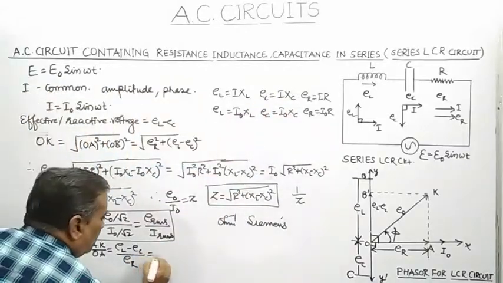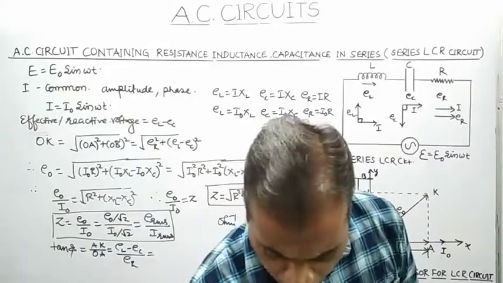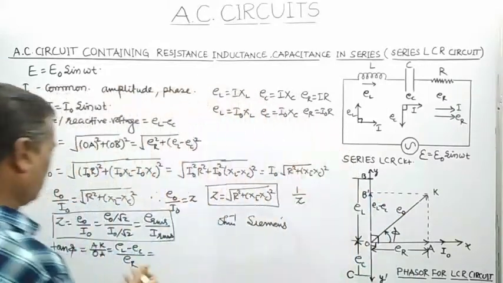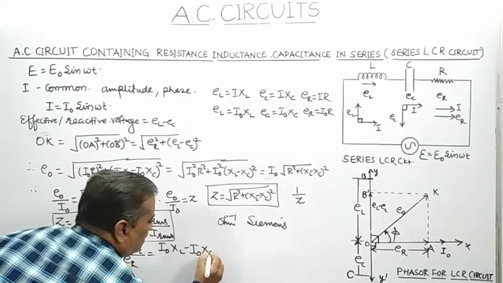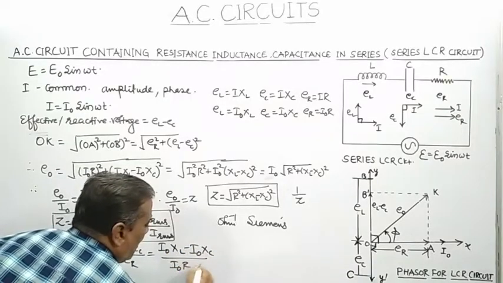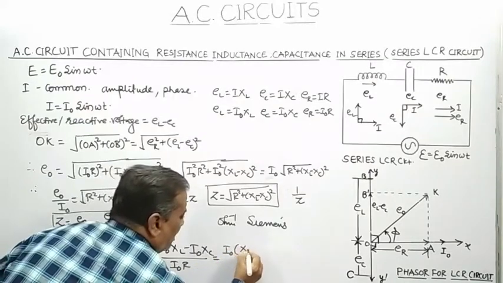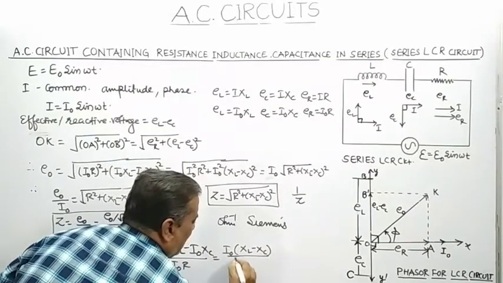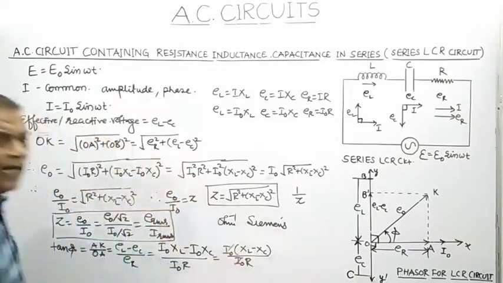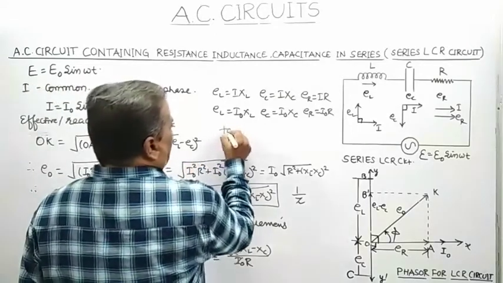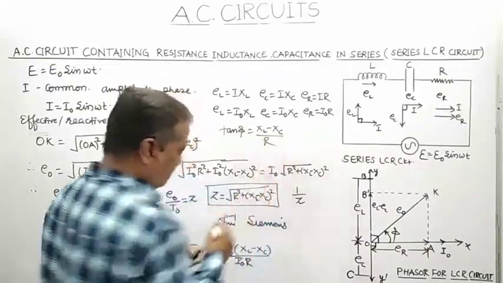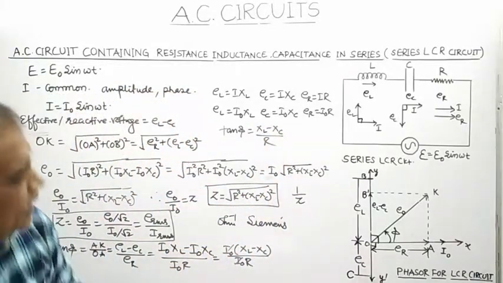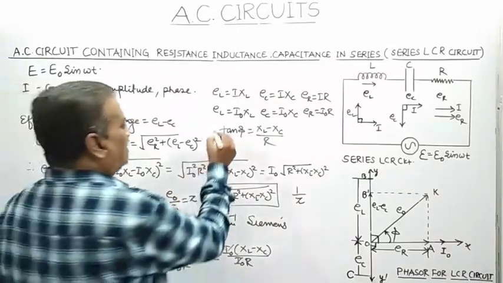So this becomes I0 into XL minus I0 into XC divided by I0 into R. So I0 can be taken common, XL minus XC divided by R, and this I0 gets cancelled. We have the final relation that tan phi is equal to XL minus XC divided by R.